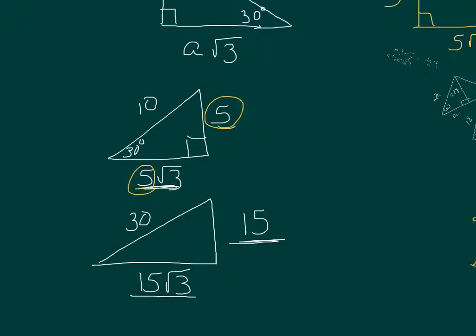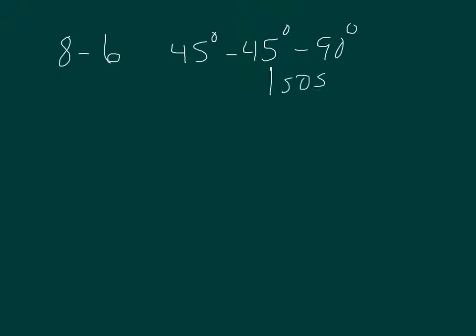Harder than calculus. Okay, we have a second special right triangle. Theorem 8.6 is a 45, 45, 90 degree isosceles right triangle. What does it mean if it's isosceles? The 2 sides are congruent.